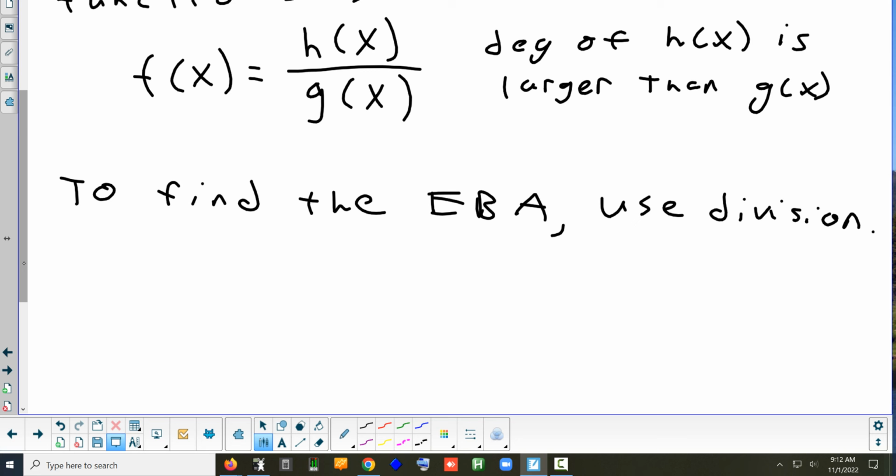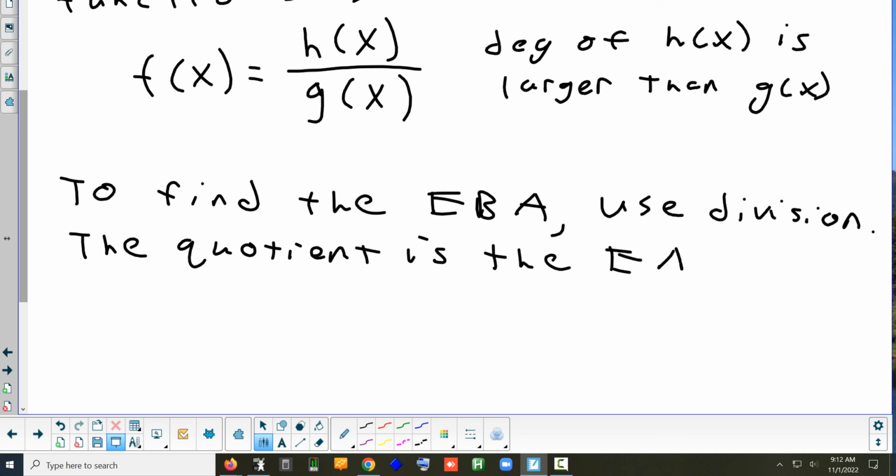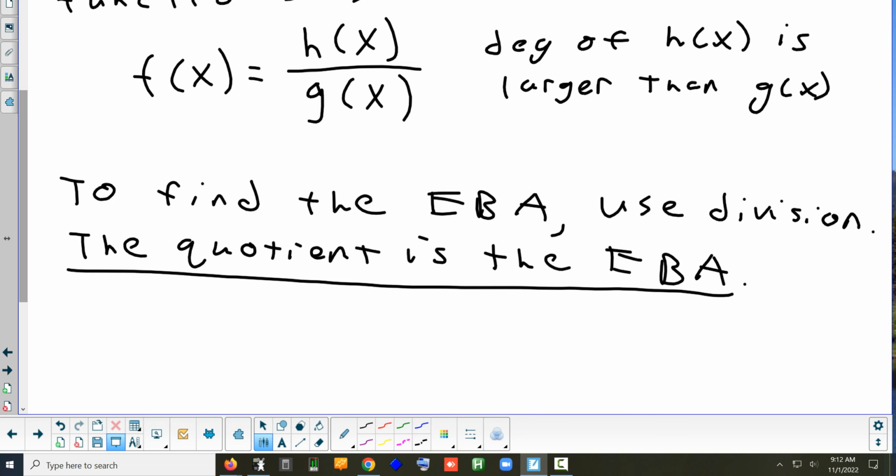Like when you add two things, you get a sum. But when you divide two things, you get a quotient. So to find the EBA, use division. The quotient is the EBA.